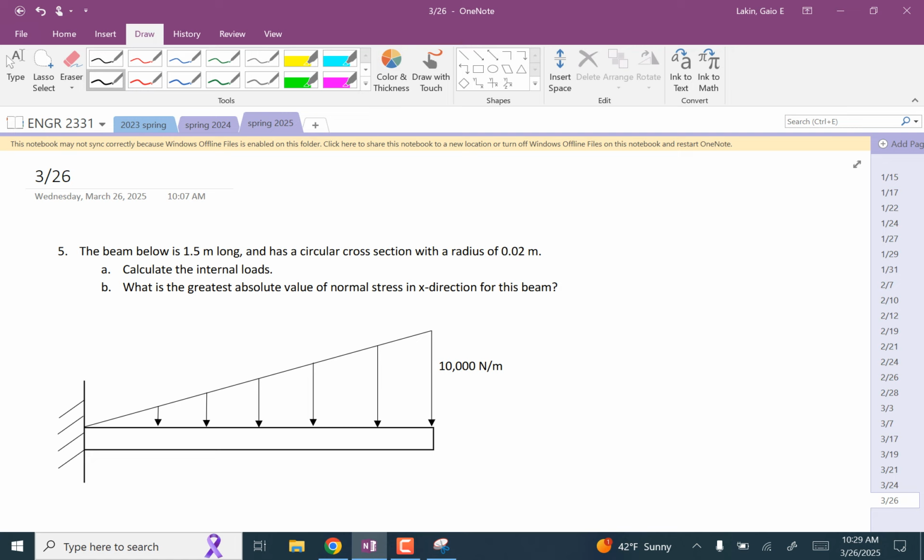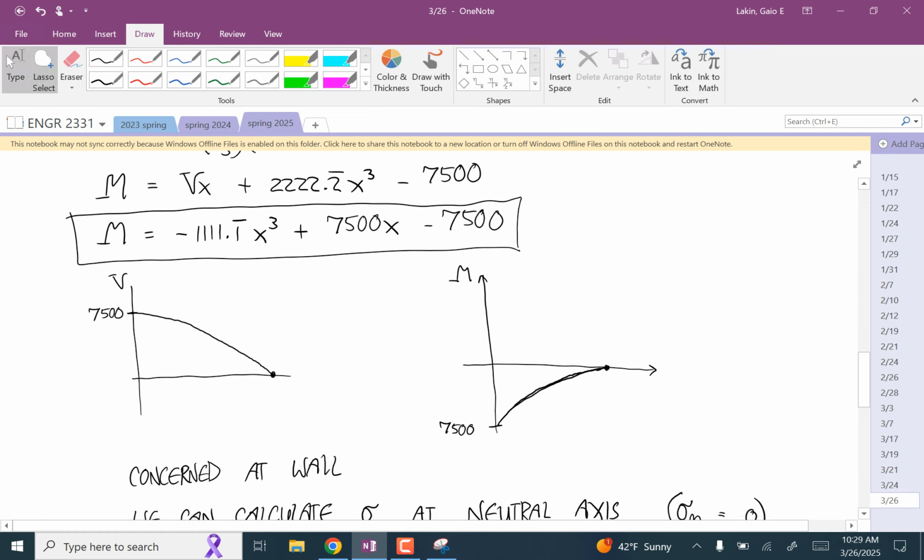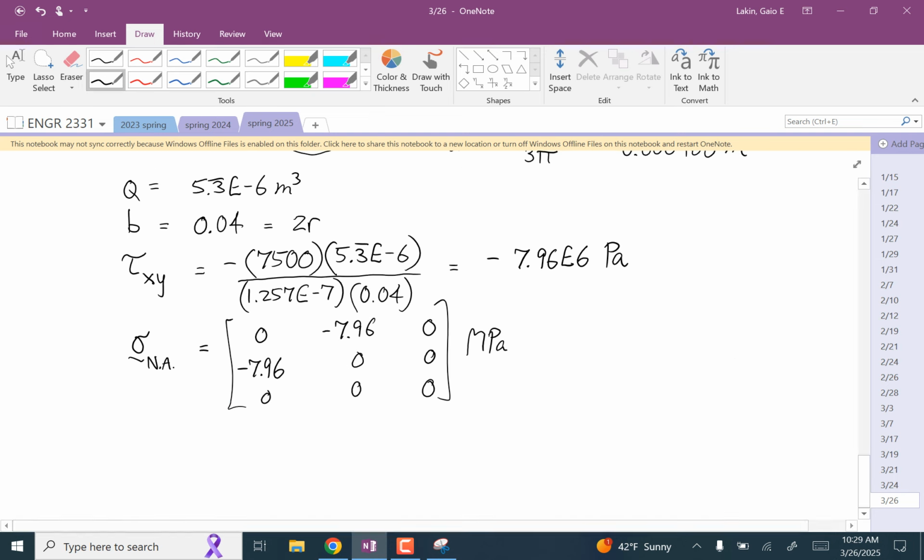Are you with me on that? We don't, though. We just have to calculate all the things, bless you, that produce normal stresses in the x direction and see what the biggest is. Okay? None of this was relevant.